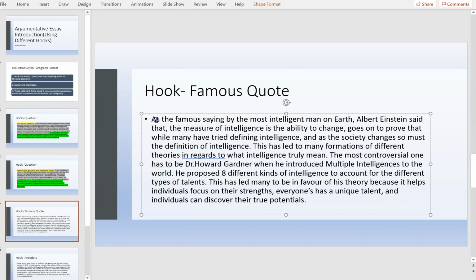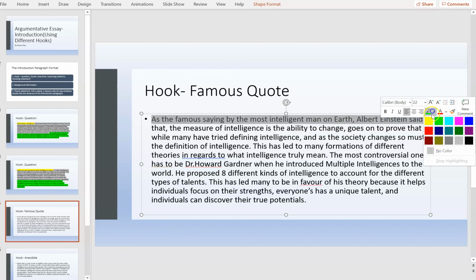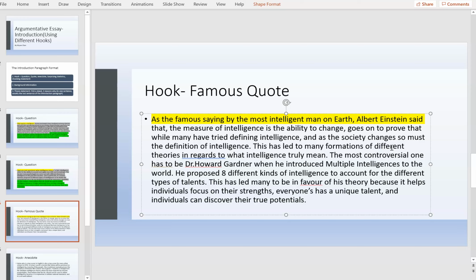The next hook that we are looking at is the famous quote. This famous quote was said by Albert Einstein. As the famous saying by the most intelligent man on earth, Albert Einstein, said that the measure of intelligence is the ability to change, it goes on to prove that while many have tried defining intelligence, as society changes, so must the definition of intelligence.